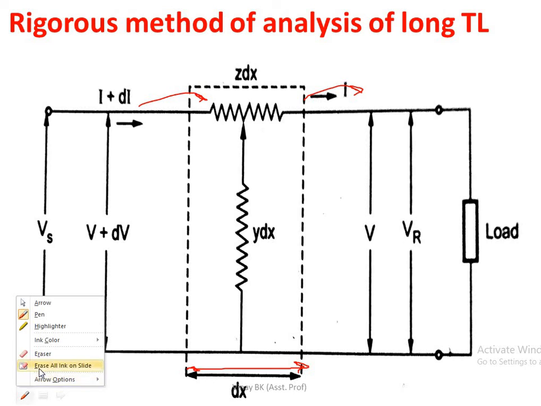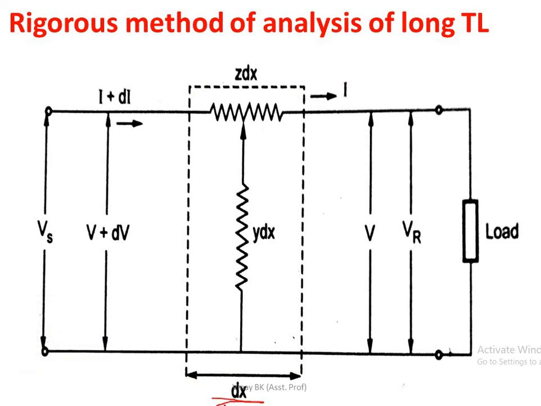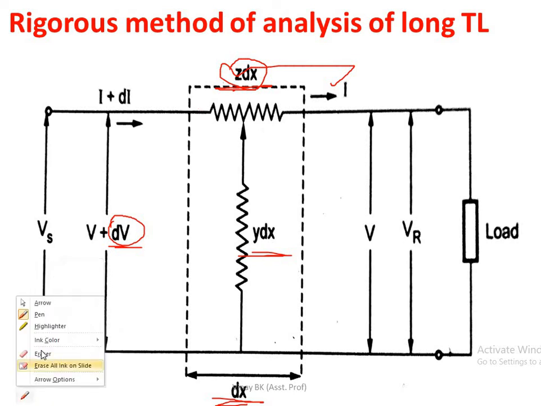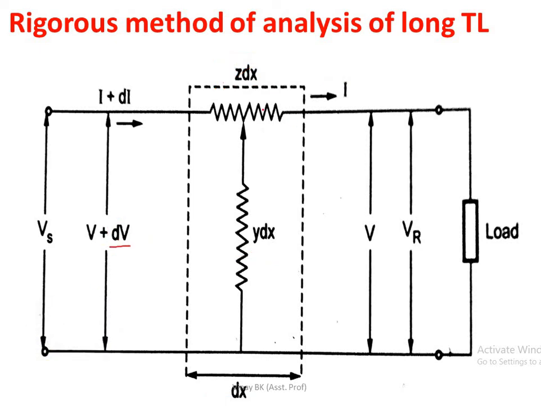Then for the small element dx, z dx is the series impedance and y dx is the shunt admittance, so the small change in voltage dV at the sending end we can write as I into z dx. I'll repeat, the change dV is nothing but I into z dx. Okay, now go for the analysis.